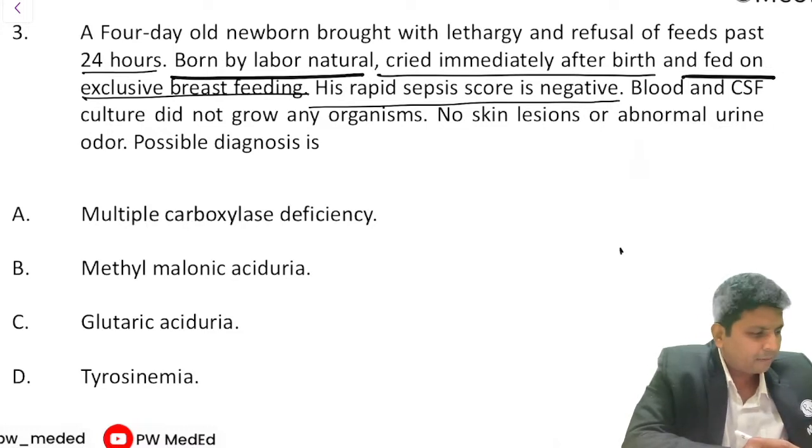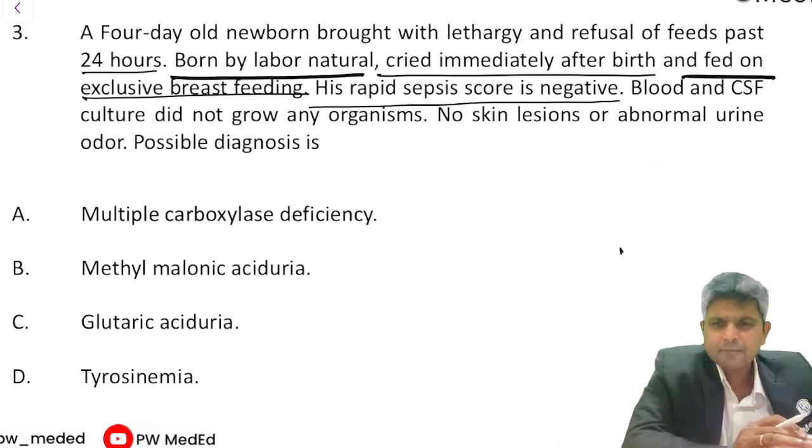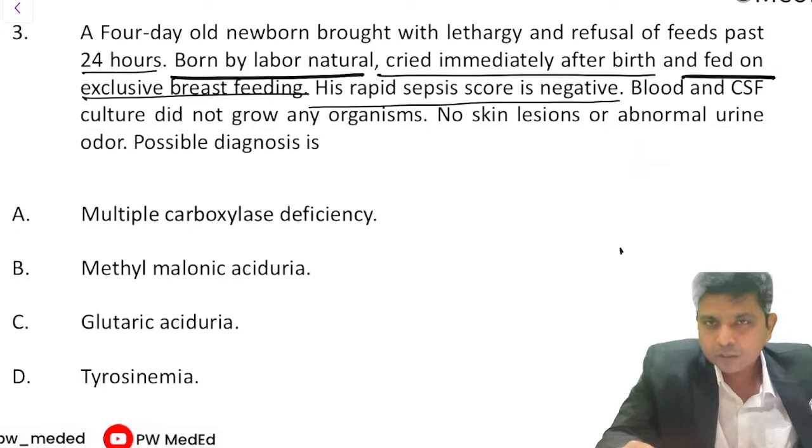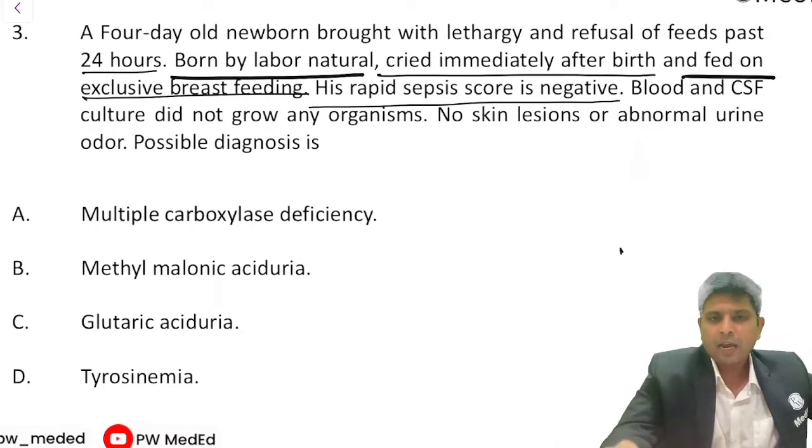Someone is asking what advice you want to give with respect to the exam. Just listen, do not read new things, just revise whatever you have read. Have a good sleep of about 6 to 7 hours per day. Have a small nap in the afternoon. Have a good walk of about 40 minutes in the morning.